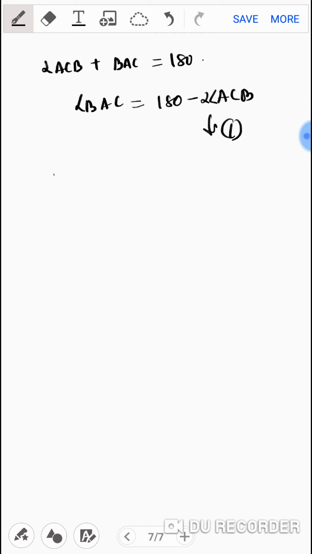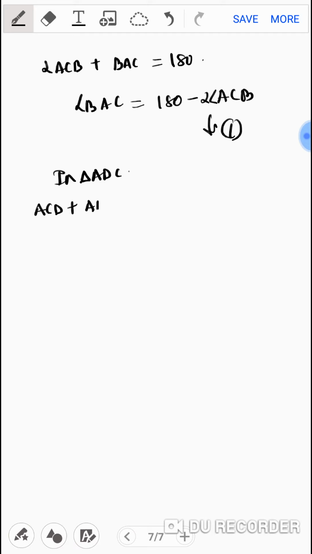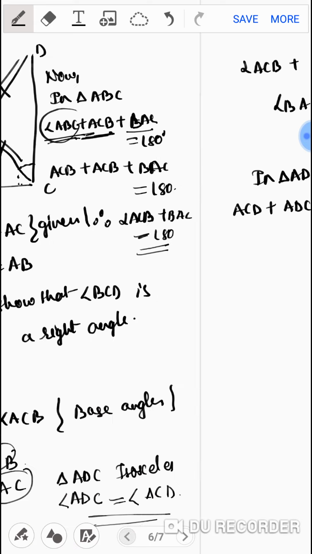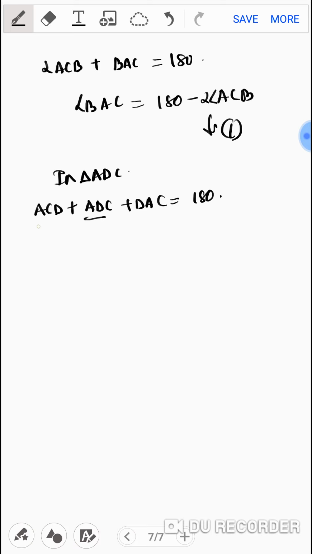Once I got that, I'll go to triangle ADC, and again the same I'll use: ACD plus ADC plus DAC is equal to 180, and I know that ADC and ACD are equal. So can I write 2 ACD plus DAC is equal to 180?